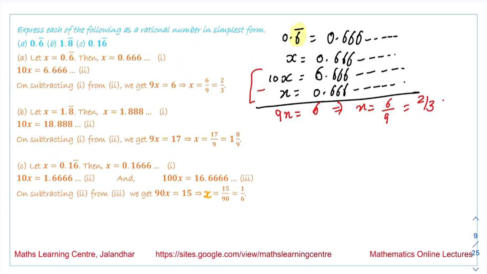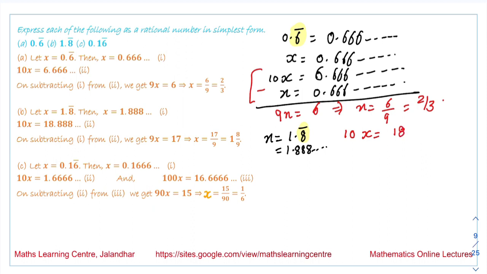Next is x is equal to 1.8 bar. Again, the bar is on a single digit. So what we are going to do is multiply it with 10. So we are saying 10x is equal to this number. When we are writing it, it is basically 1.888 and so on.